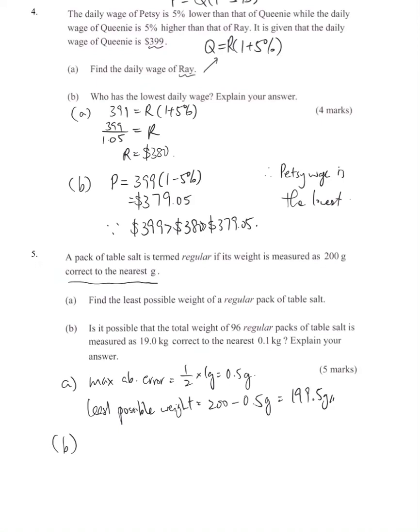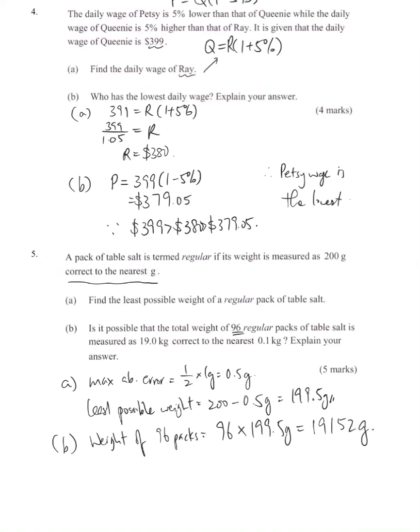So B, they're asking us if 96 of those packets can actually be measured at 19 kg, corrected to the nearest 0.1 kg. So we're going to go ahead to do the weight of the 96 packs, which will be 96 times 199.5 gram. So 199.5 times 96, that's 19152 grams.